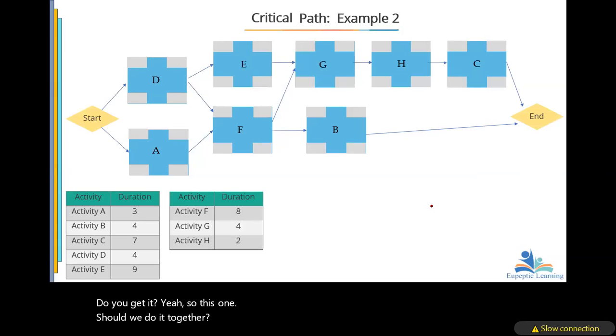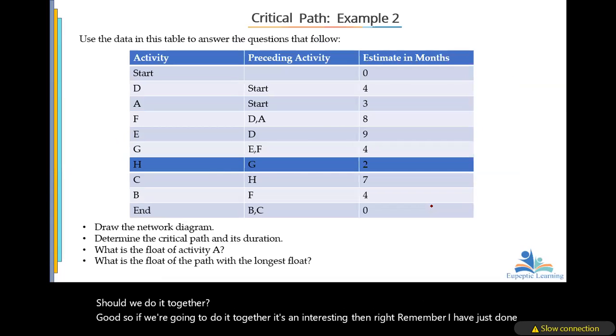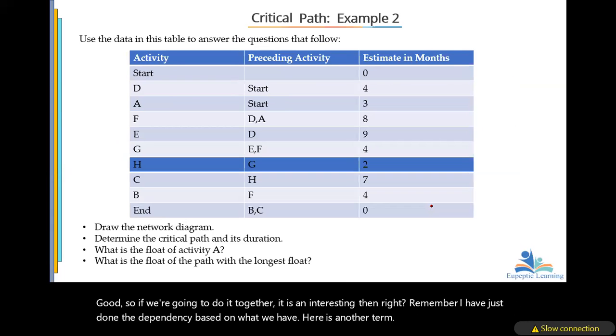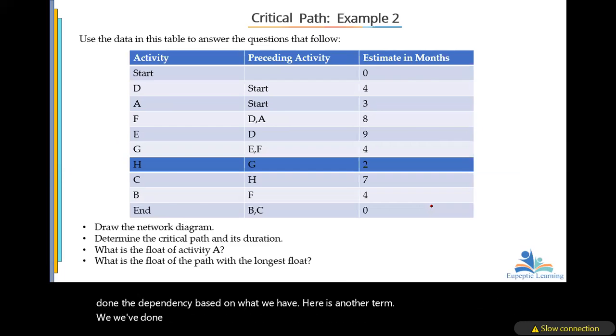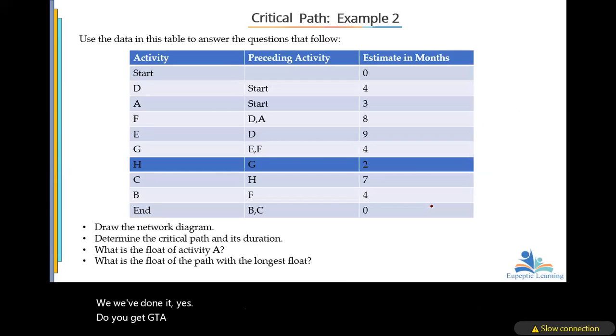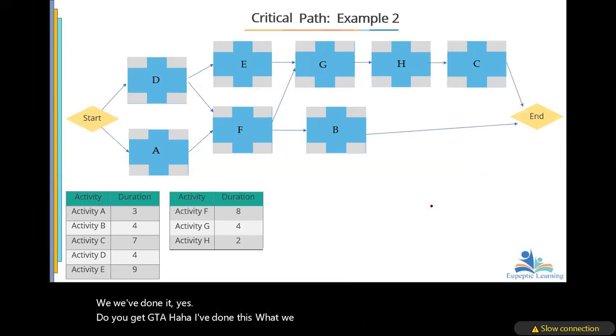Good. So if we're going to do it together, it's an interesting thing. Remember, I have just done the dependency based on what we have here. What we have here is what we're using, and this is the summary of it.